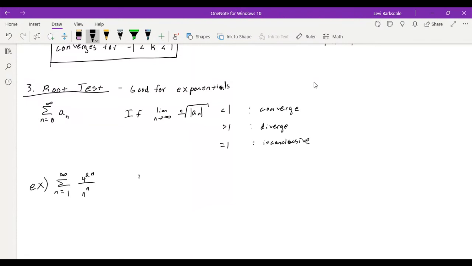Well, I'm going to write this 4 to the 2n over n to the nth like so: 4 squared to the nth over n to the nth, which is 16 to the nth over n to the nth, which is 16 over n to the nth power.